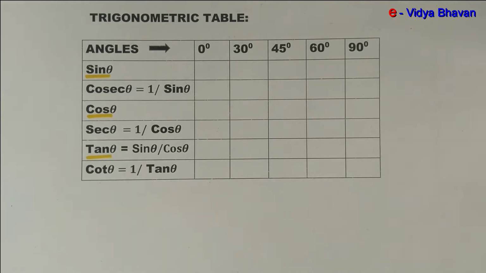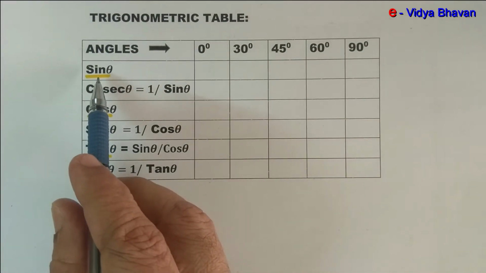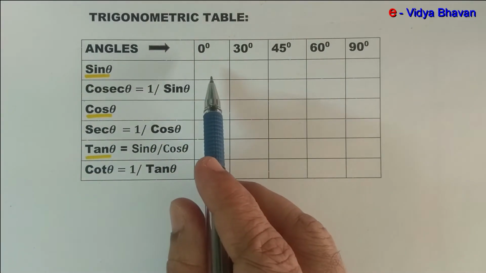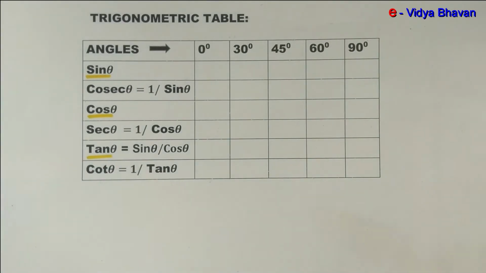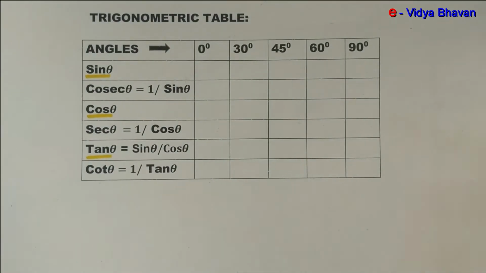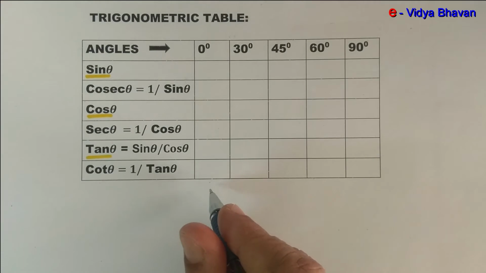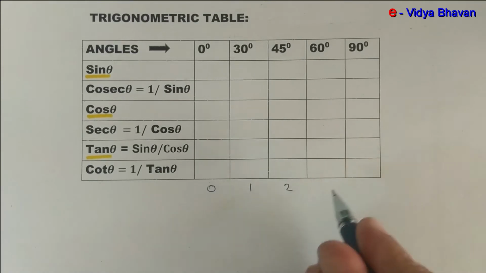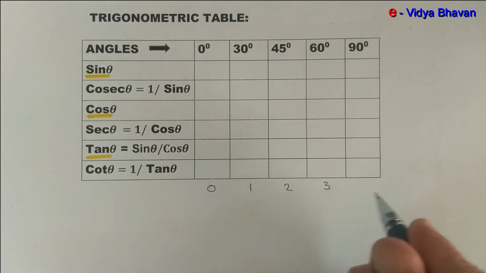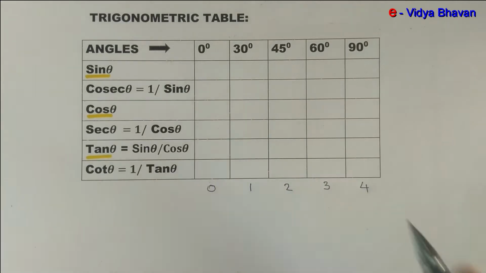Now, first we will try to find out the value of sin theta. We have 5 empty boxes. To find these values, first we will write down 0, 1, 2, 3 and 4.